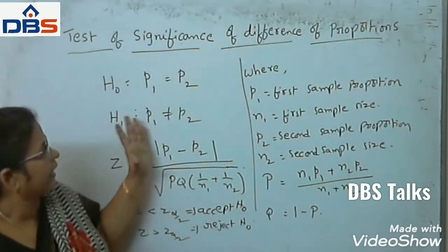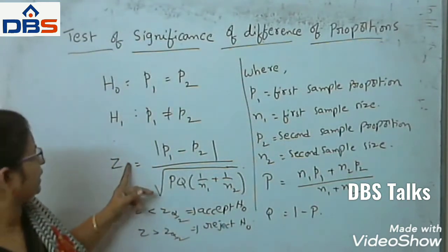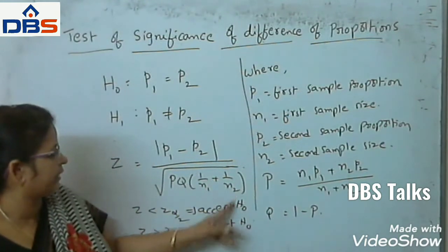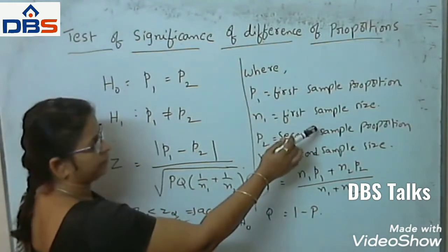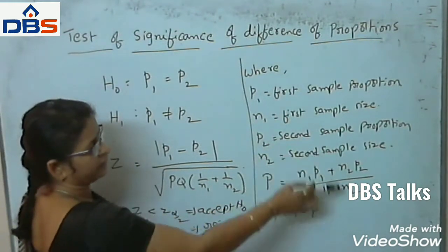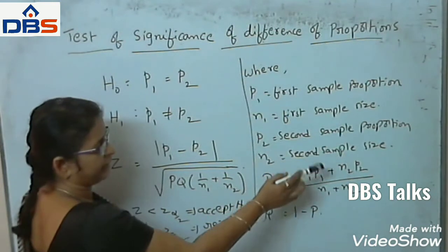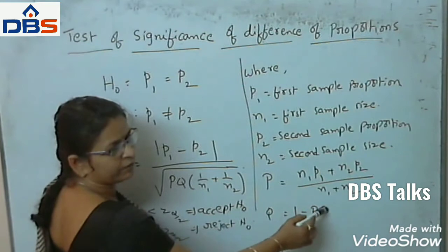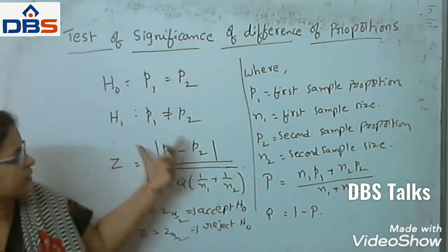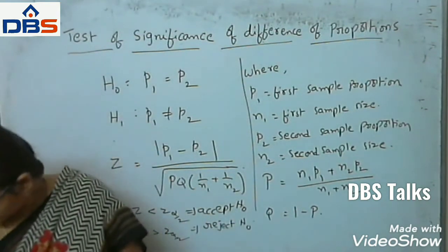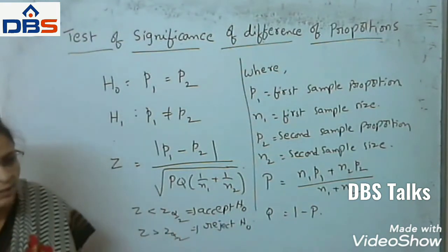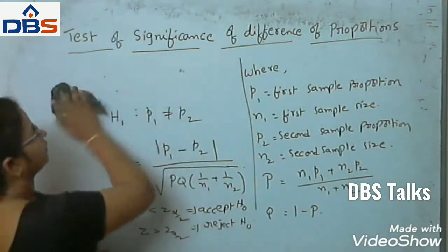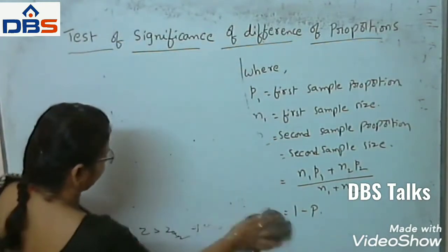For that, Z equals P1 minus P2 by root of PQ into 1 by N1 plus 1 by N2, with P1 the first sample proportion, P2 the second sample proportion, N1 the first sample size, N2 the second, and P equals N1 P1 plus N2 P2 by N1 plus N2. Now let us go for an example.